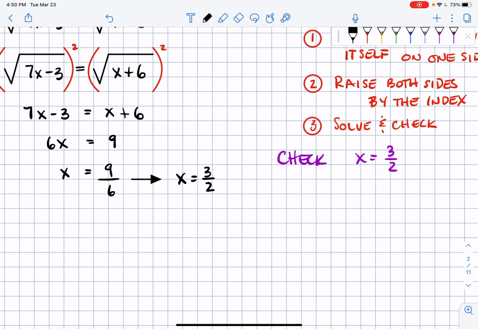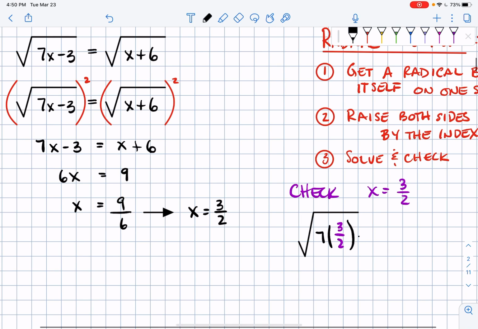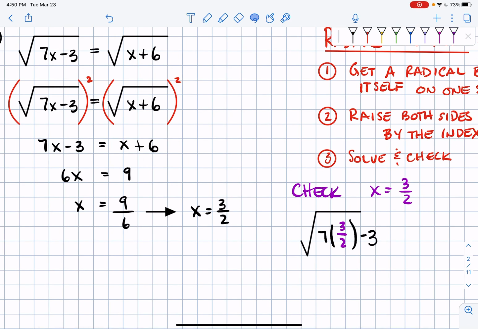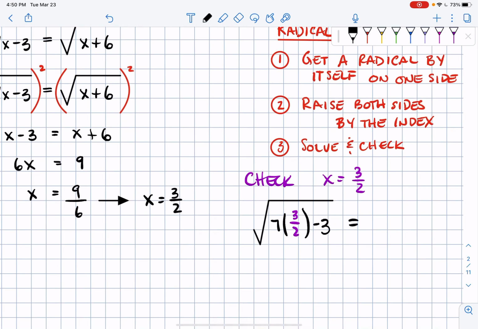So I have the square root of 7 times 3/2 minus 3. Is that equal to the square root of 3/2 plus 6?